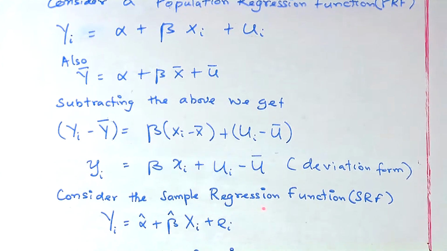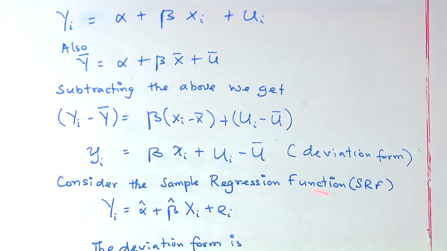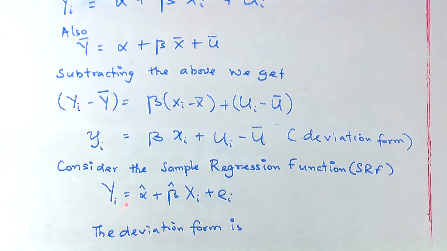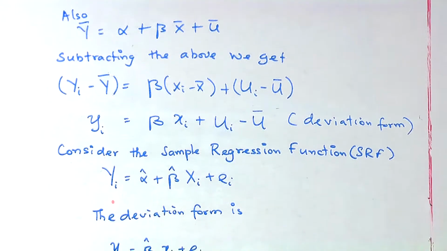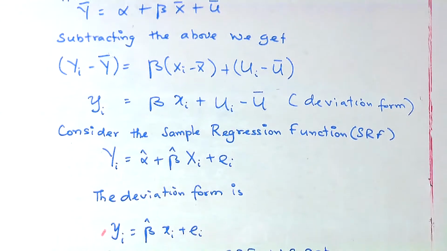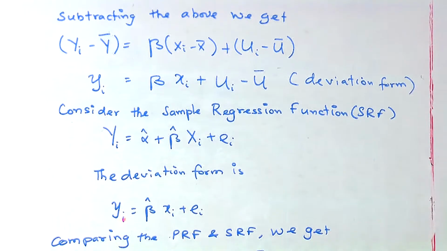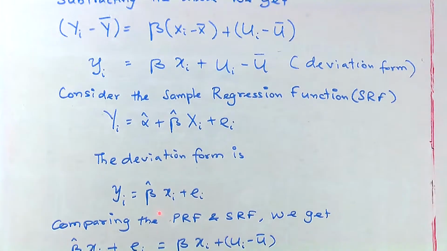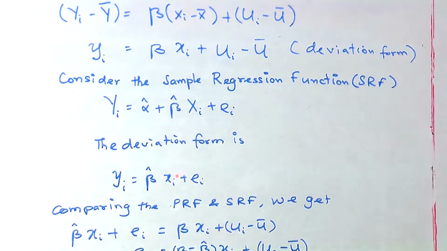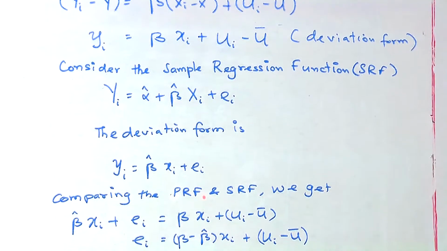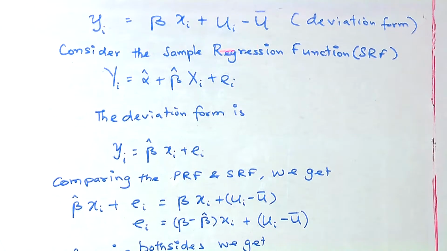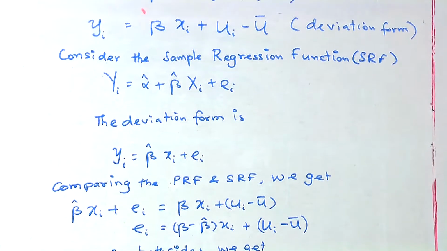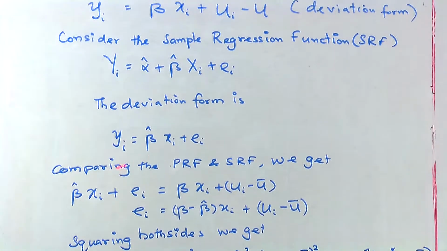Consider the sample regression function, SRF. Yi is equal to alpha hat plus beta hat xi plus ei. In a deviation form, we may write this equation as small yi is equal to beta hat small xi plus ei. Comparing the PRF and SRF, we are comparing these two equations. The term on the left hand side is made equal.